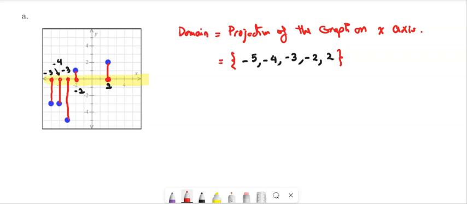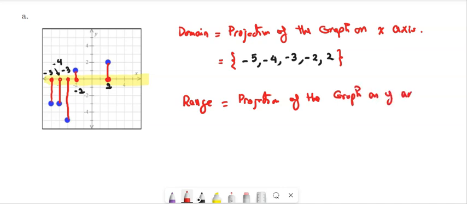Now for the range, we're going to do exactly the same thing. However, the projection is going to be on the y-axis. So the range is the projection of the graph on the y-axis.